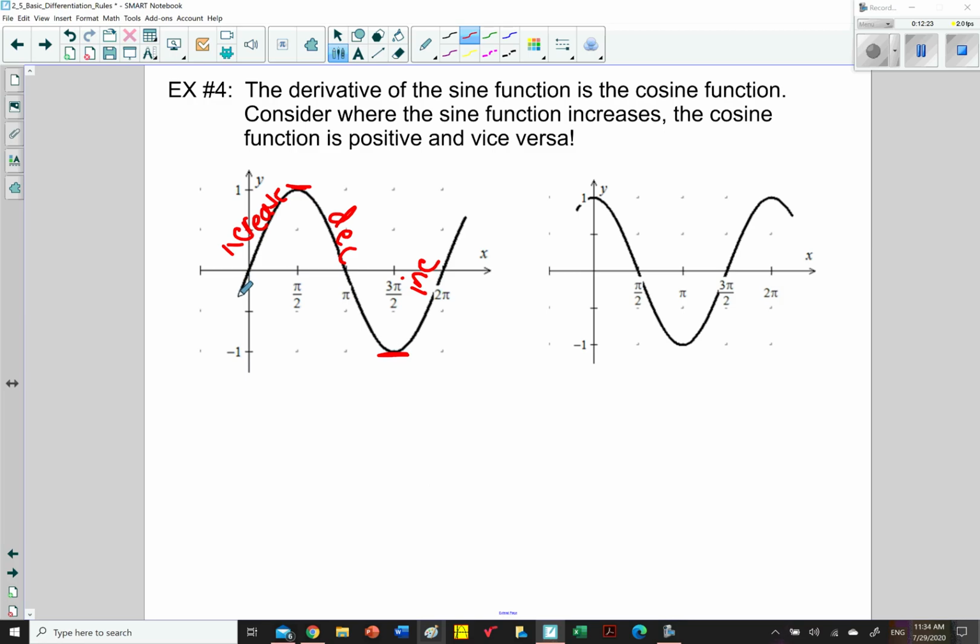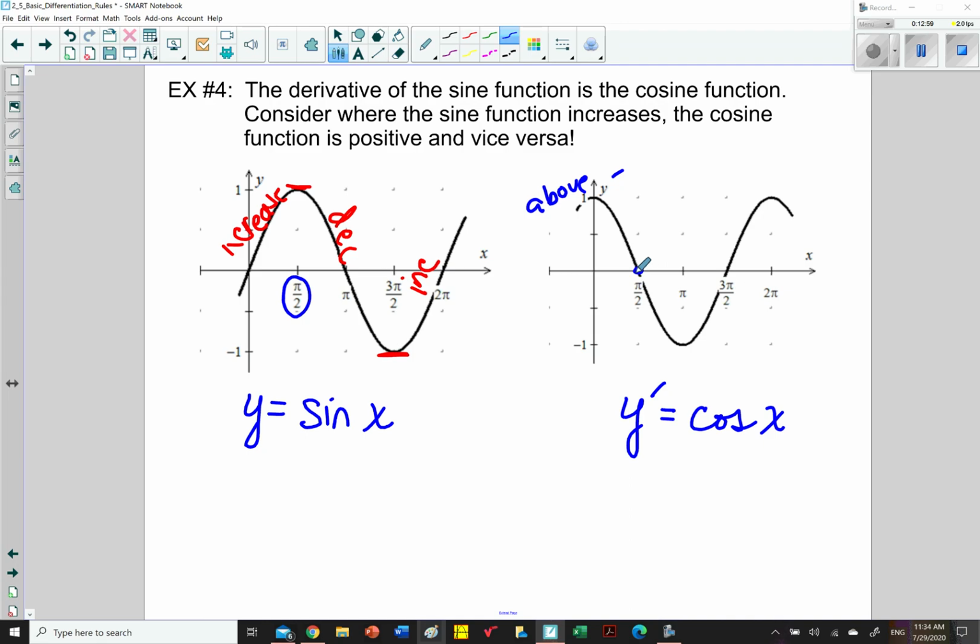I'm paying attention like we did last class where we're graphing derivative graphs from the function graph. So if this is my function graph, y equals sine of x, I'm saying this is my derivative graph, cosine of x. And here's how I know that. The graph is increasing, so the slopes are positive, which means if this is my slope graph, I have to be above the x-axis until I get to the 0 slope, and the 0 slope is pi over 2.